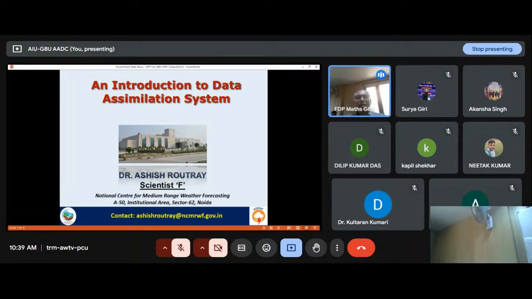And Dr. Ashish Rautre is an expert of data assimilation, and he has published more than 60 papers in reputed journals, and many of the journals have an impact factor of more than 5.